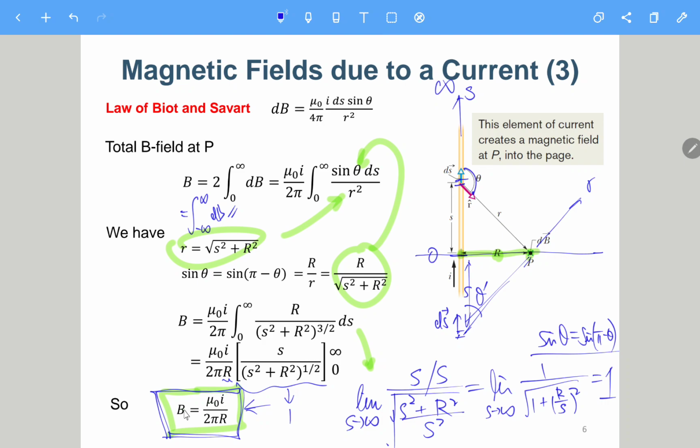If the current is larger, the B field is larger, so it makes sense. And if the distance is farther away, then the B field becomes smaller, it is inversely proportional to the distance. So it also makes sense. This is pretty easy to remember. So B equals mu 0I over 2 pi r.